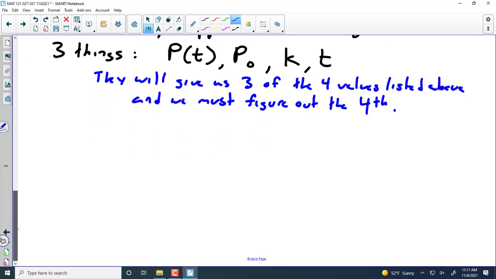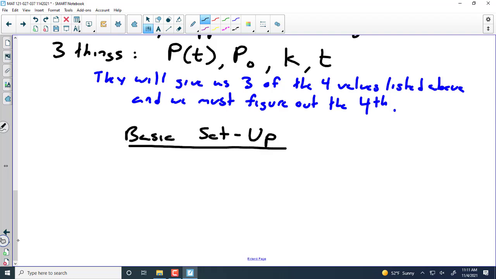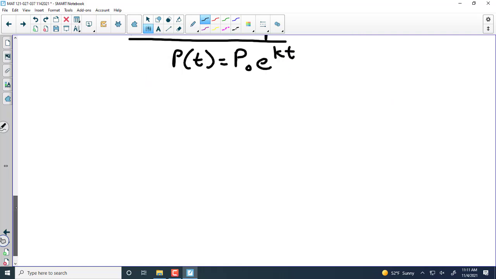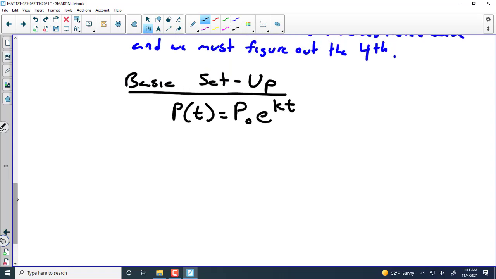All right. Let's do some basic setups. Basic setup for how to use this formula. So we've got P of t equals P sub 0 e to the kt. And we see this: we start with 100 bunnies.